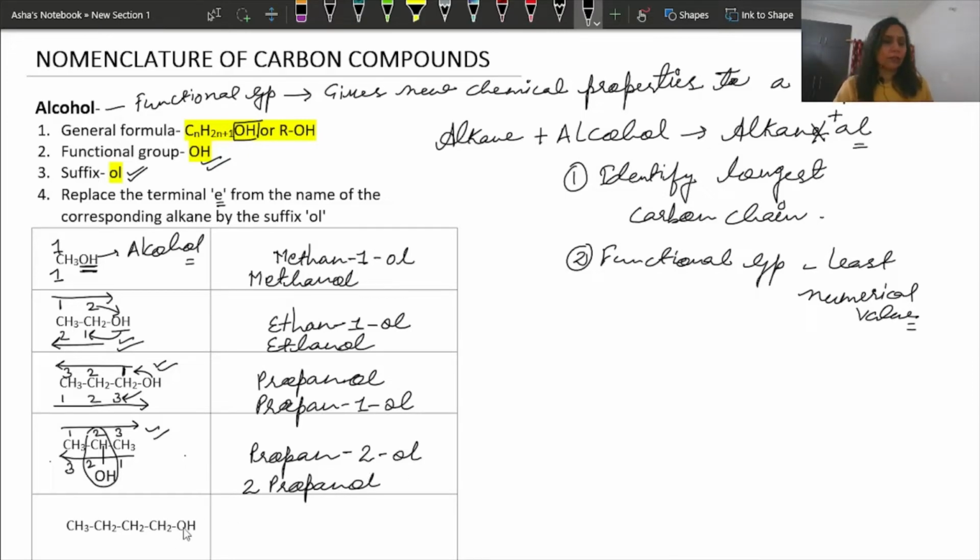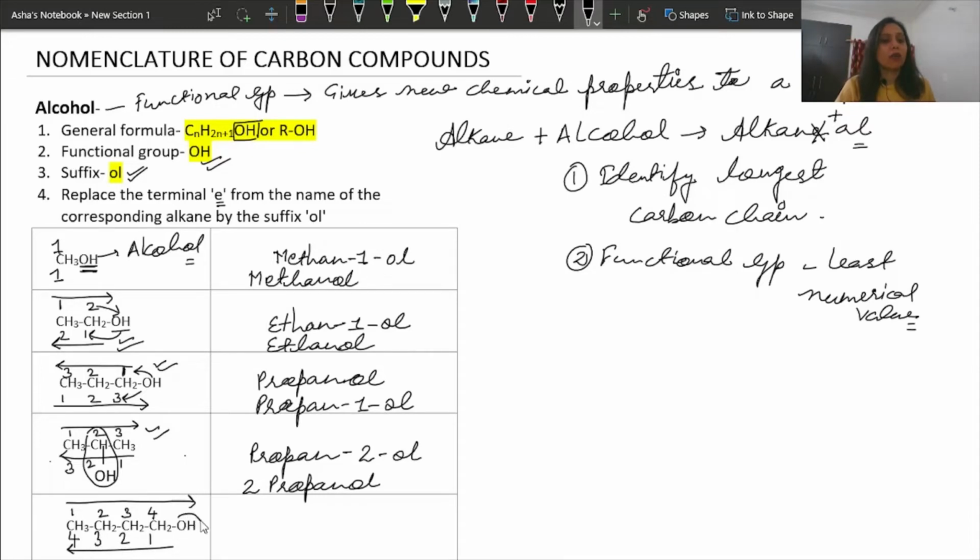Now in this one again OH is there, so it is an alcohol, so the suffix will be OL. You will have to see the number of the carbon atoms. From front to back numbering, this is the first carbon, second carbon, third carbon, fourth carbon. If you are doing numbering from back to front, this is the first carbon, second carbon, third carbon, fourth carbon.